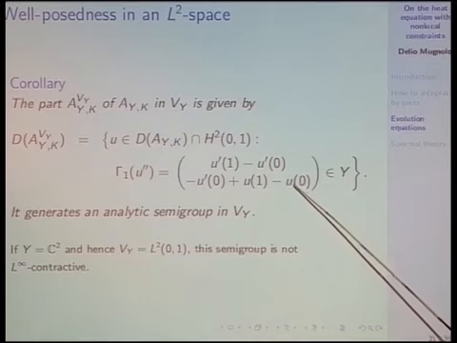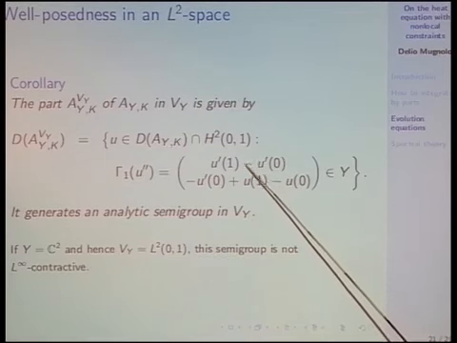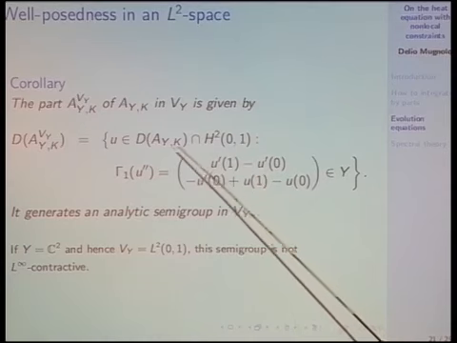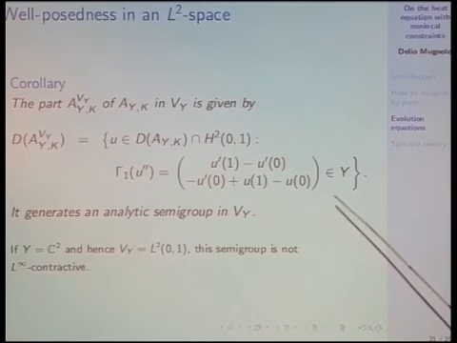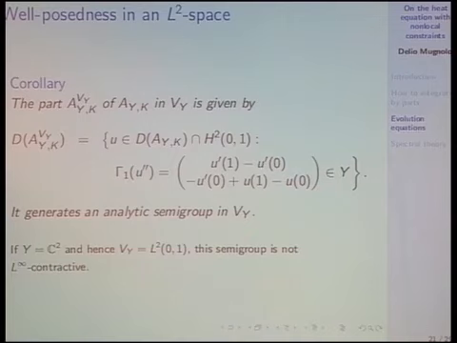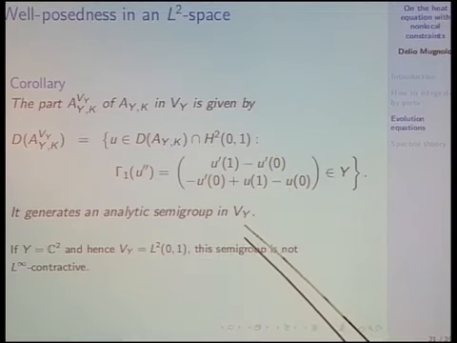So for instance, if you take Y to be 0 cross 0, as in the case of Buziani, then you get some new non-local boundary conditions.